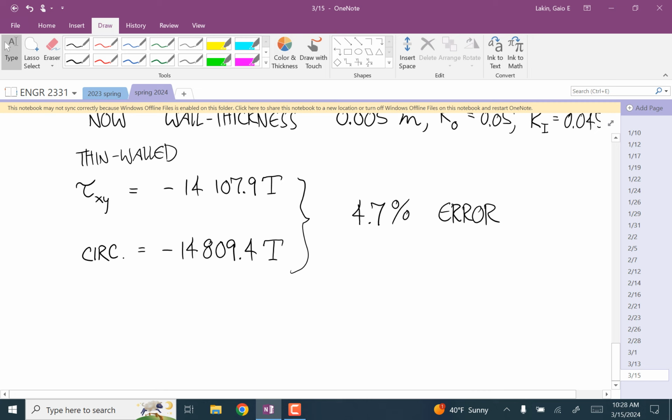What calculations could we do? It has to be on the neutral axis, that's exactly right. So a circular one we can do, whether it's solid or thin-walled, with everything, but it has to be on the neutral axis. The only other thing that we can do is a thin-walled rectangle, and that we can do everywhere. So let's do that, why not?